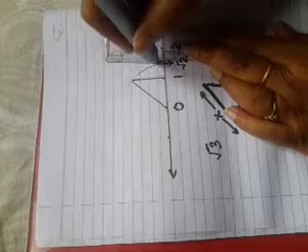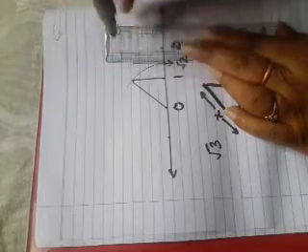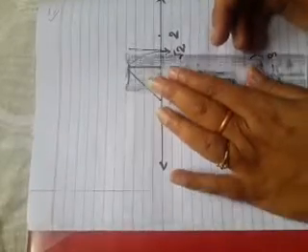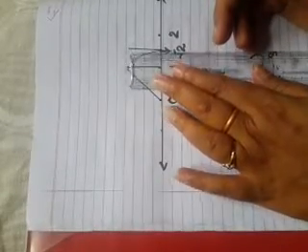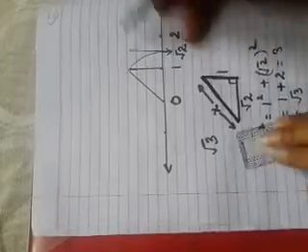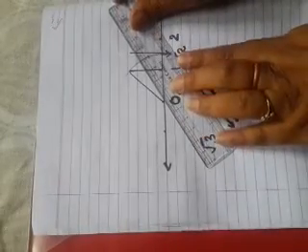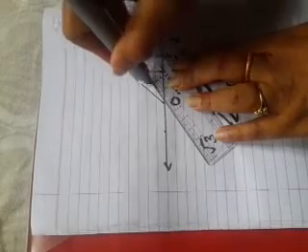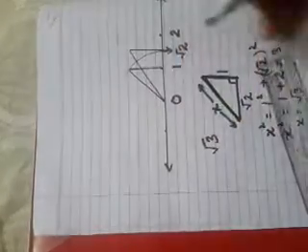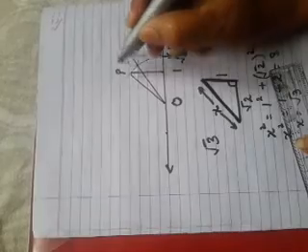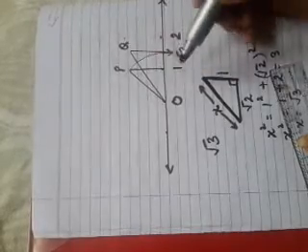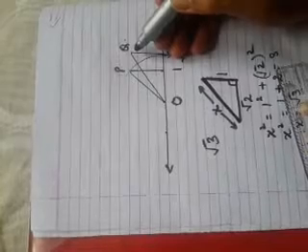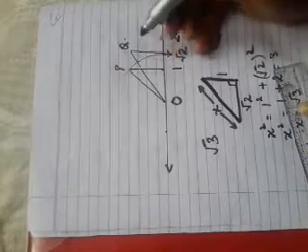So this is 1 unit. You can see this is 1 unit. This is also 1 unit. Now join this point 0 to this point. Let me name them. So this point Q is at a distance of root 3 from 0.